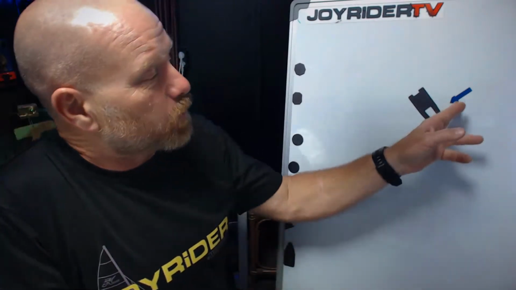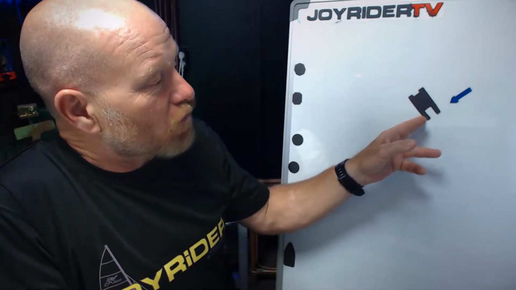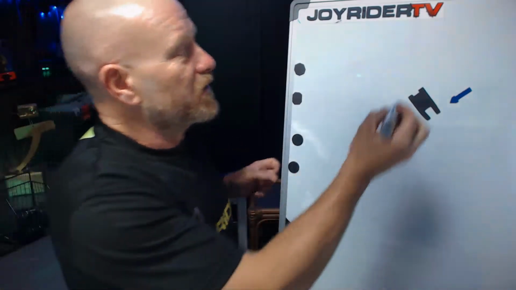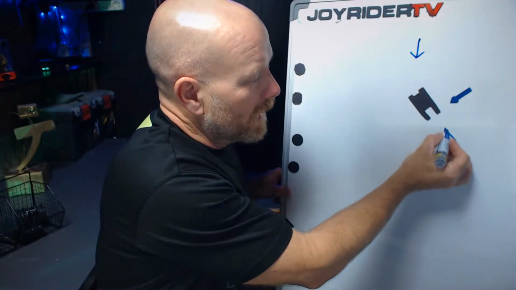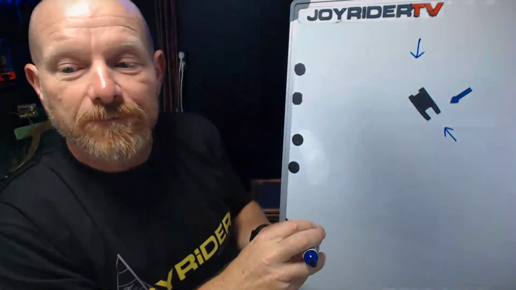So that is with the apparent wind coming straight across the boat. So this apparent wind is the combination of the true wind and the wind that we're creating by moving forwards.